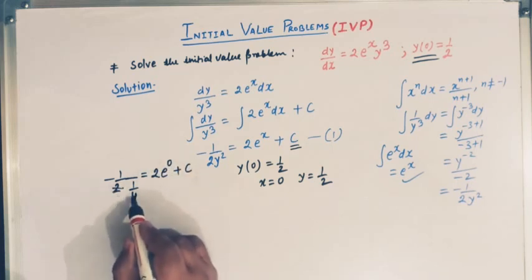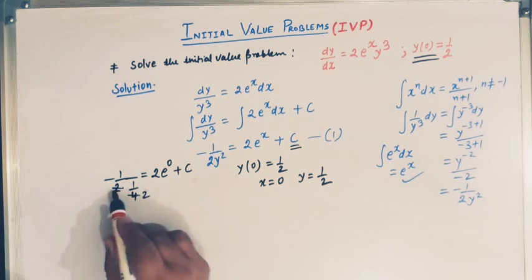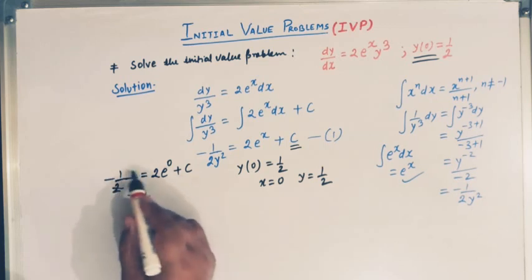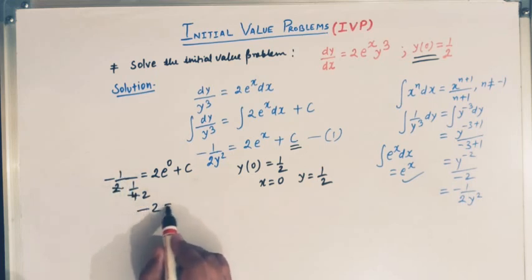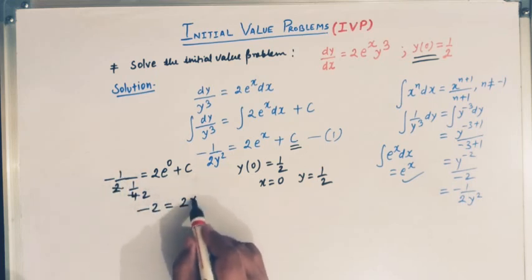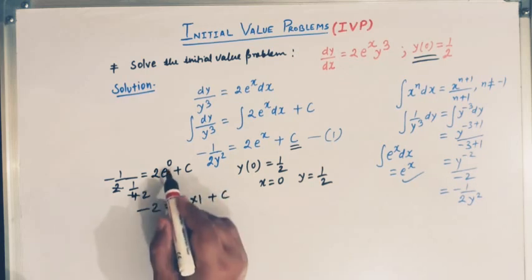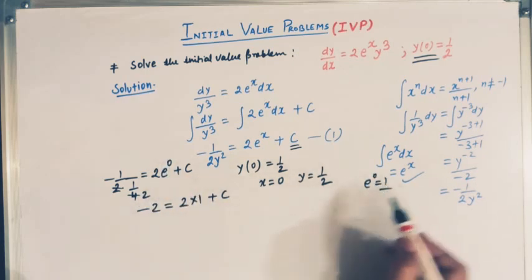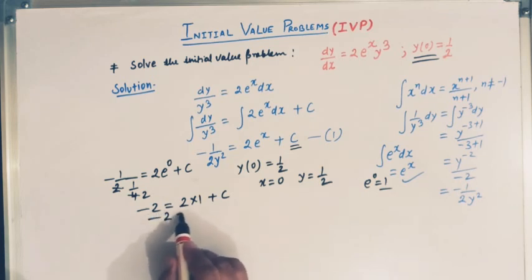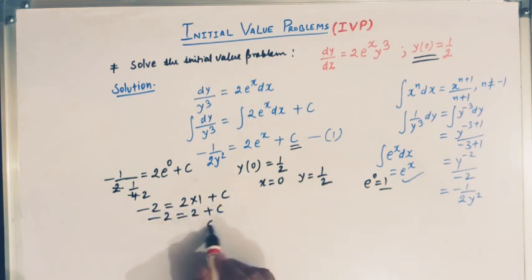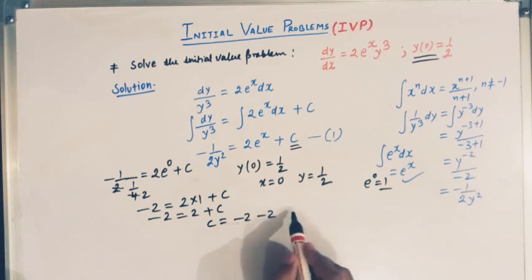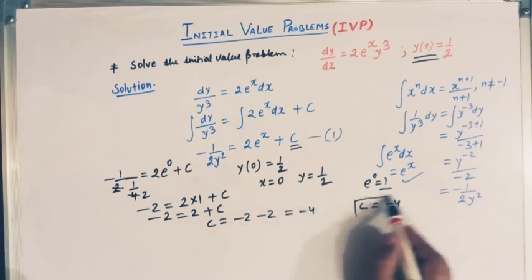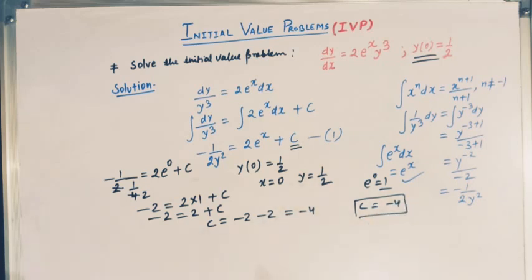Taking the 4 to the numerator, we can write minus 2, and here we have 2 times 1 plus c, because e raised to 0 is 1. So minus 2 is equal to 2 plus c, and c is minus 2 minus 2, that is minus 4. So the value of c is minus 4.